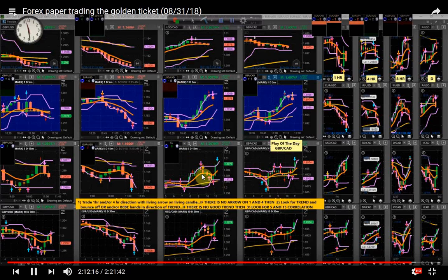Don't hesitate and think, oh, I don't know what it's going to do. Look at the 1 hours, it's bouncing off the orange line. Take the trade, and then if you get here and it starts to come against you and you think, oh, I'm getting out, don't worry about it. Just don't hesitate. Take the trade.